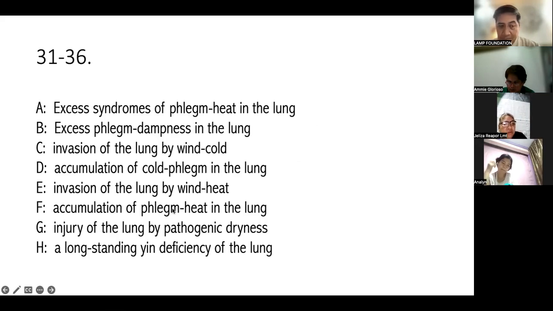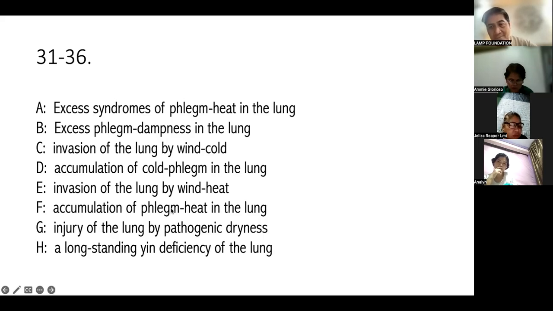Okay. Can you describe to us the tongue pag merong lung yin deficiency? May coating ba yung tongue niya, Dok? Saan siya may coating? Saan siya walang coating?